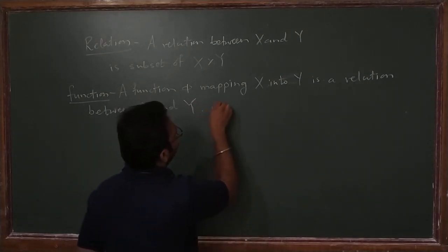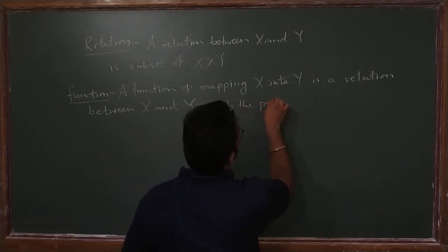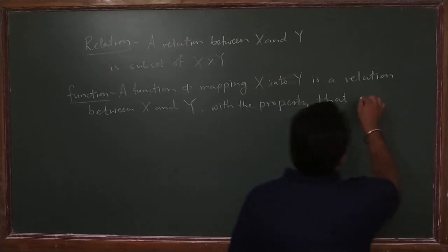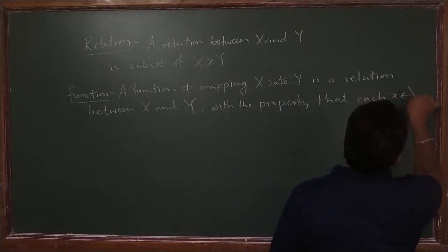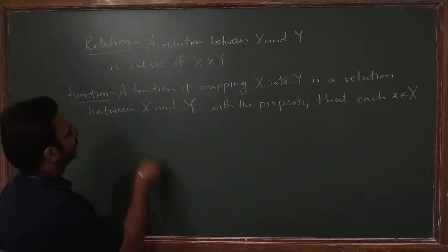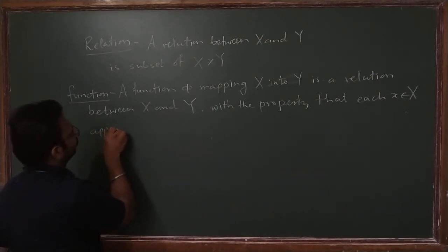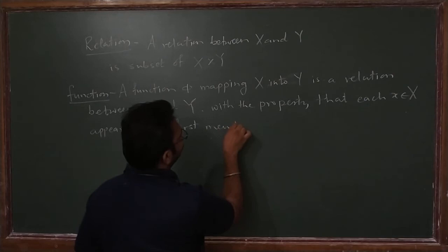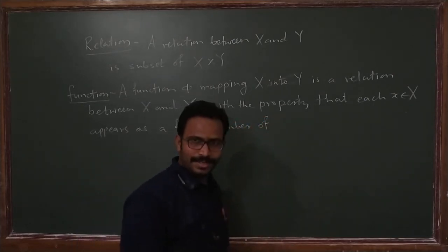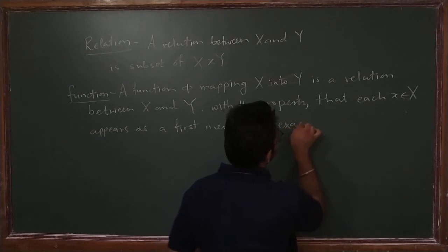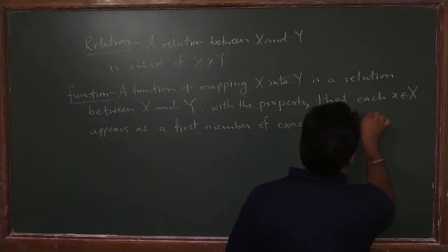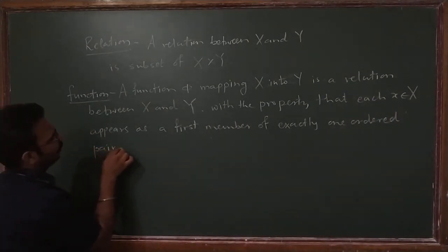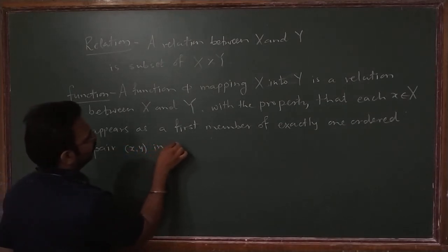With the property that each x in x appears as the first member of exactly one ordered pair (x, y) in phi.